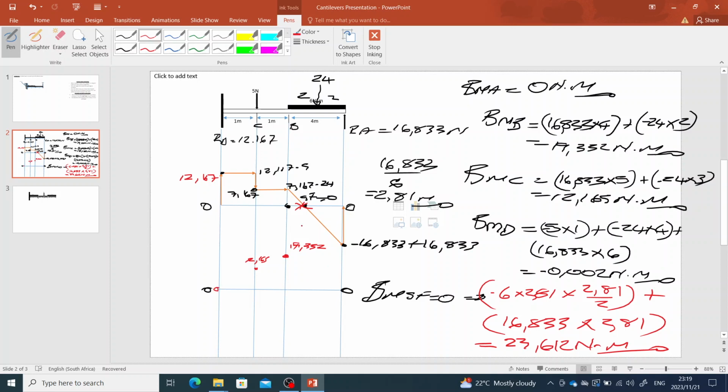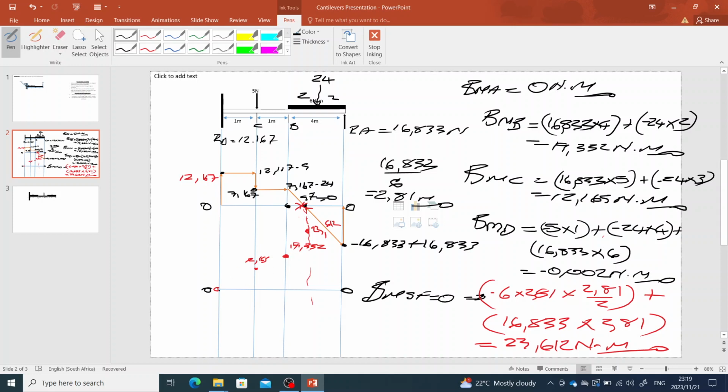Then bending moment here is 23 on this line here. Let me draw the line. But we are not supposed to calculate it. It is a bit higher. It is 23,612. I want to show you that it doesn't make any difference or impact there.